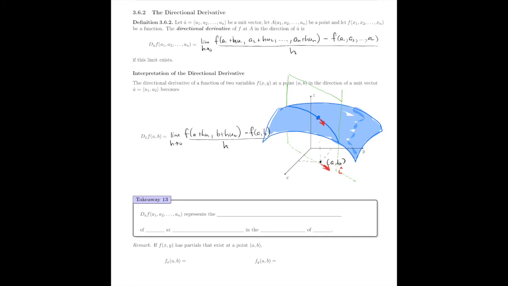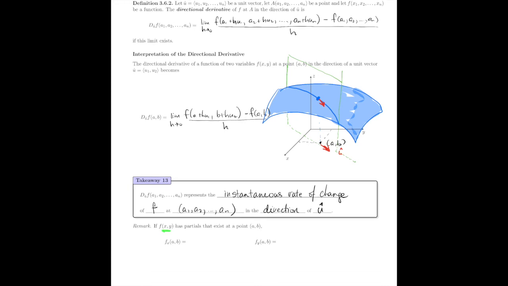So there's our vector û. So D_û of f at (a1, ..., an) represents the instantaneous rate of change of f at the point (a1, ..., an) in the direction of û.